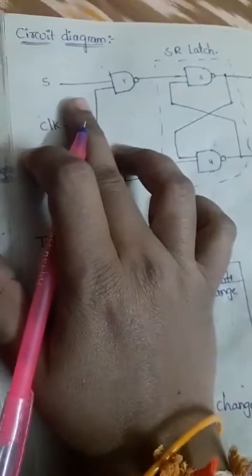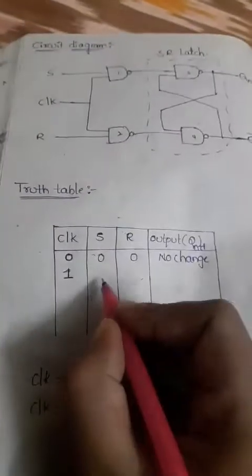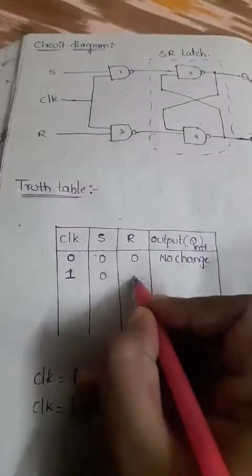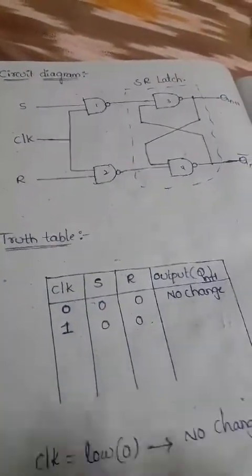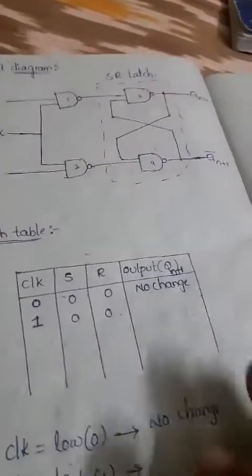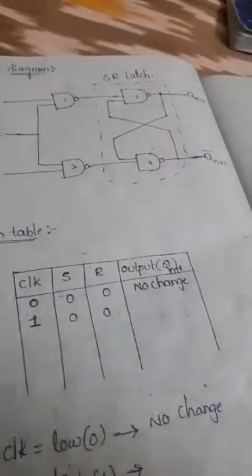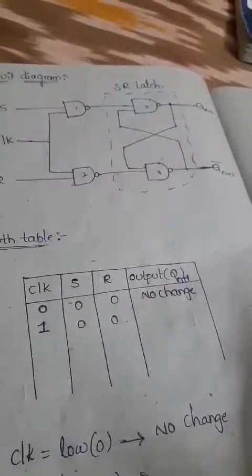Now whenever the clock is activated, it is in high position, so then the inputs S and R will be 0 0. Except the clock signal, we have two inputs. For any gate having two inputs, how many possibilities are we getting?